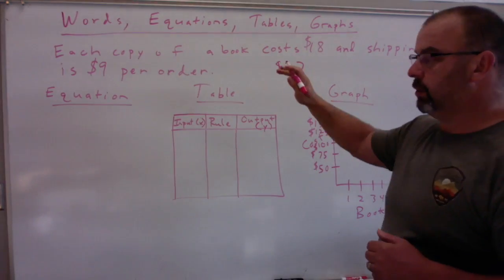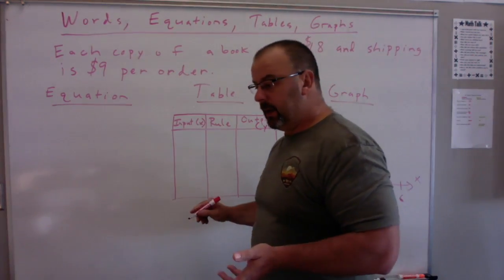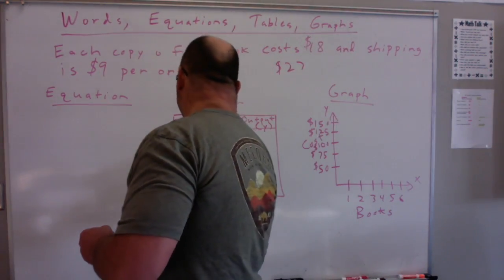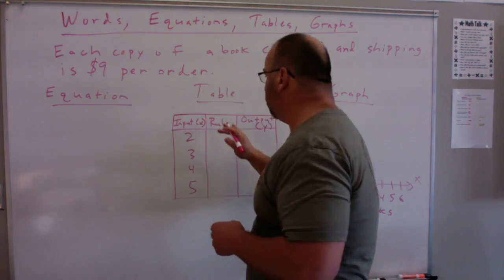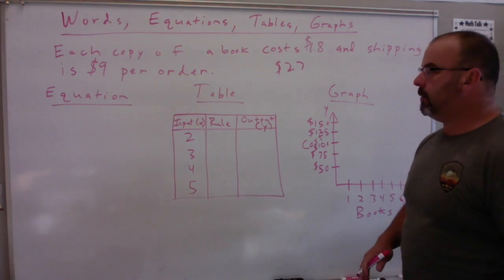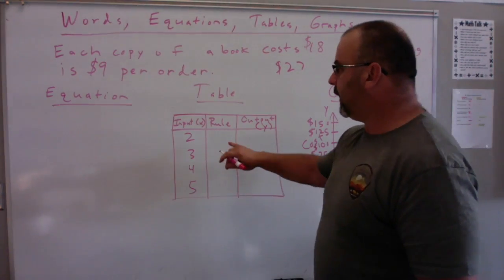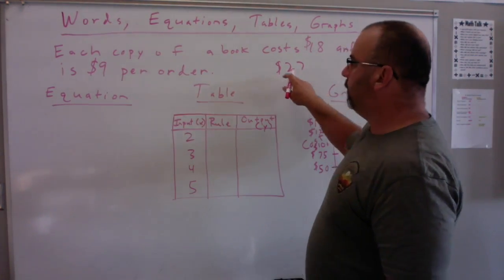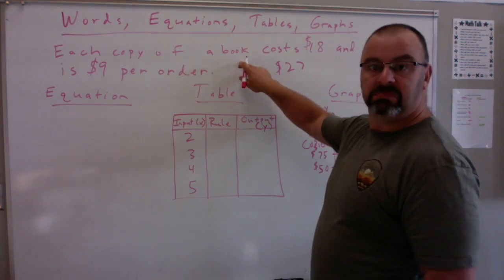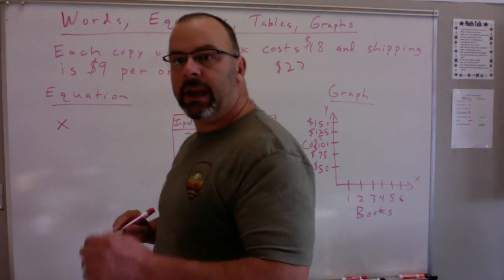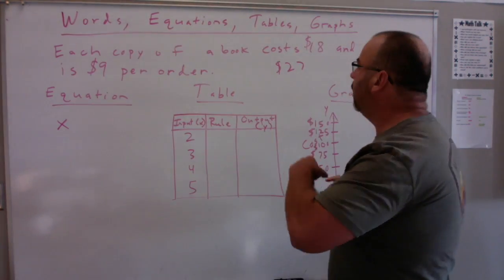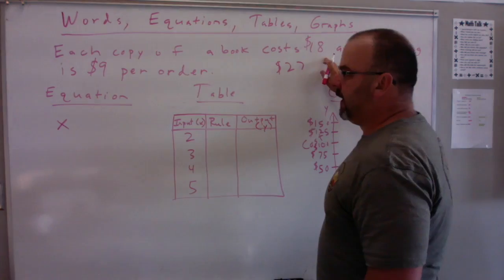Okay, $27. Right. So here's the thing I'm going to start out with. I'm going to do an input here, and I'm going to go with 2, 3, 4, and 5. And the rule here is that I'm going to multiply the number of books. Do we know the number of books? Let's call it X, right? So X. And then we are going to multiply that by what?